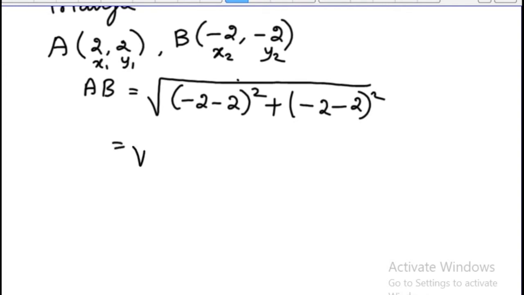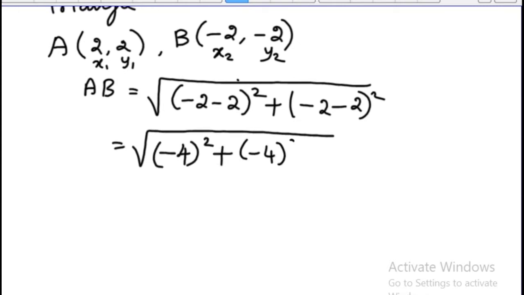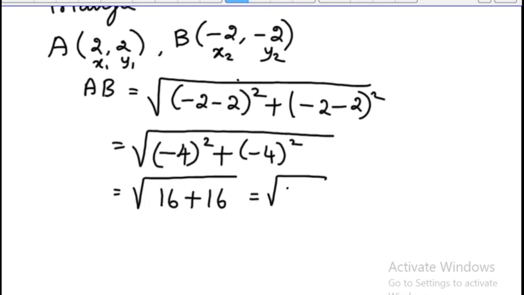Therefore it is equal to (-4) whole square plus again (-4) whole square. Therefore root of 16 plus 16, that is equal to root of 32. Okay, this is the value of AB.